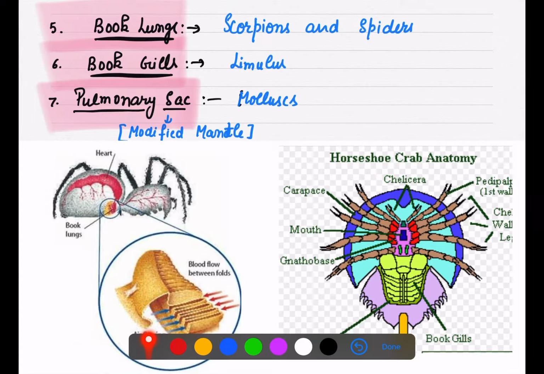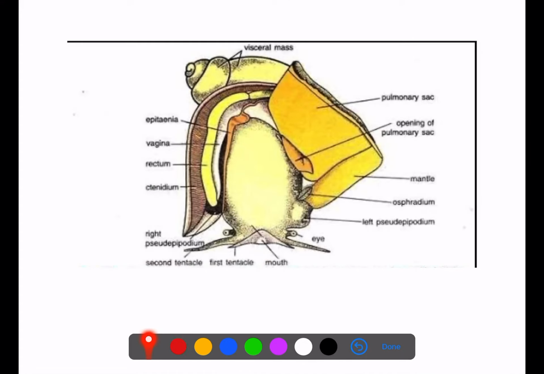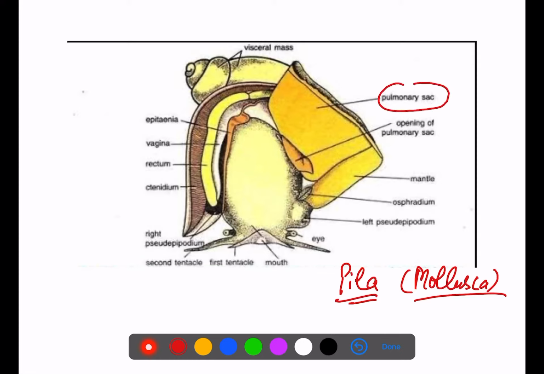Pulmonary sac in Mollusca. This is the specific picture of Pila. Pila belongs to the Mollusca group, so it has a shell on its body and respires through the pulmonary sac. You can see it looks like a very hard structure, because it is a modified mantle.